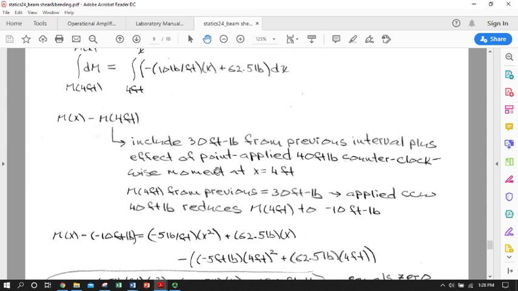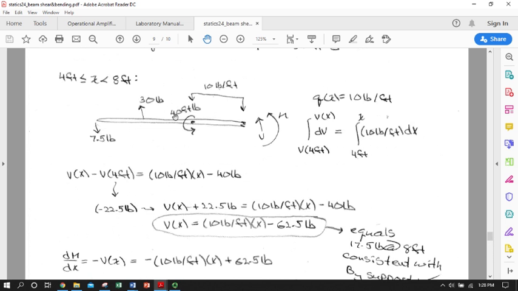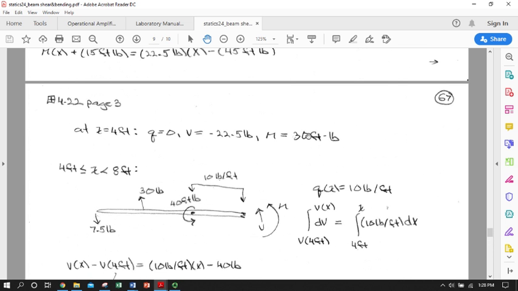But we have to do something else to this side before we get over to that side. We had a point moment. So the moment at just shy of 4 feet, we could call it 4 feet minus, is indeed this 30 foot-pounds carried over from before.